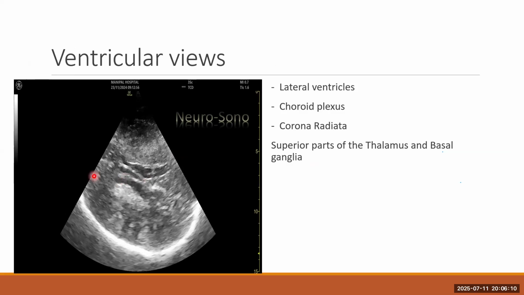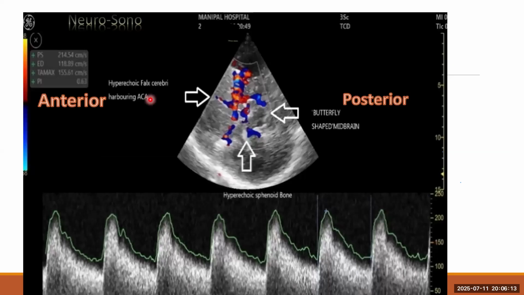These are the landmarks to identify the mesencephalic view: the hyperechoic falx cerebri and the hyperechoic sphenoid bone, the butterfly-shaped midbrain posteriorly, and just anterior to it, the circle of Willis.